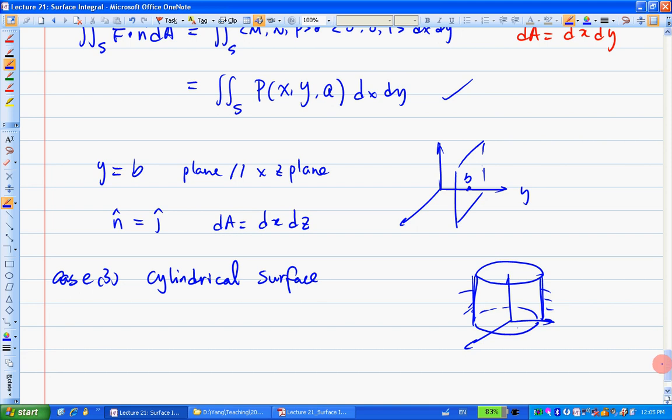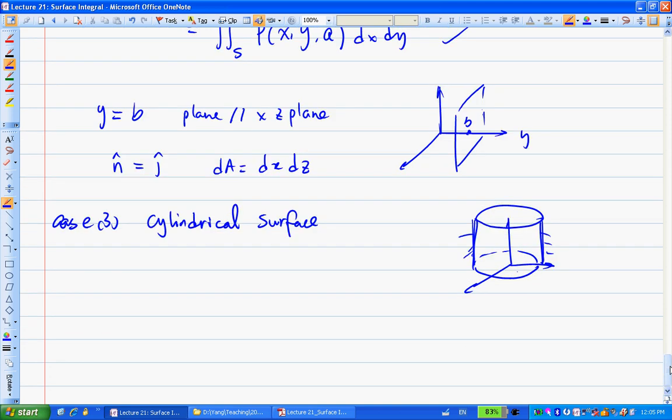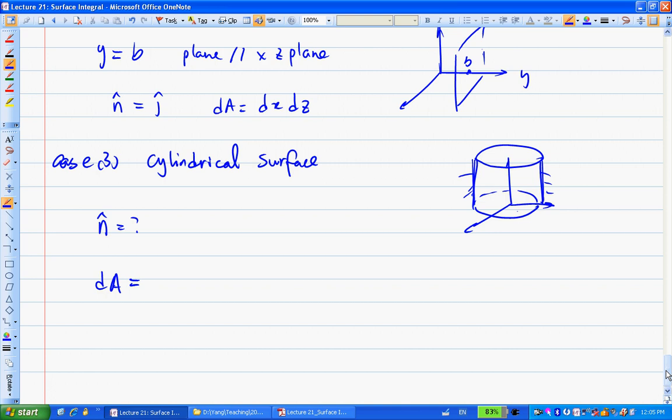If that's the part we're looking at, we're talking about two things: what is the n hat and what is the dA? Once we figure these two out, we'll be okay. Let's look at this simple case. Suppose the cylinder is x squared plus y squared equals a squared, and the n hat is a direction normal to the surface of the cylinder.